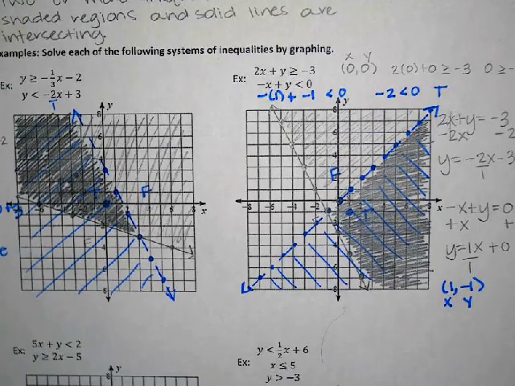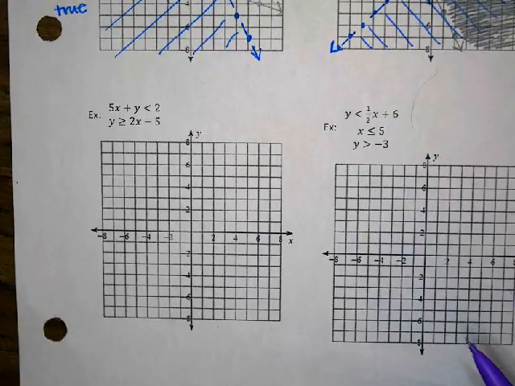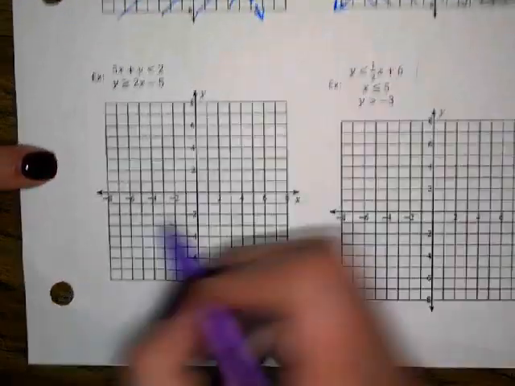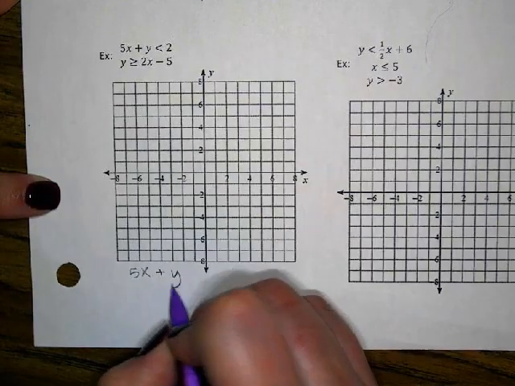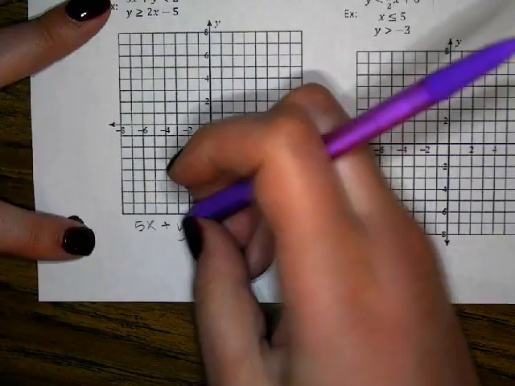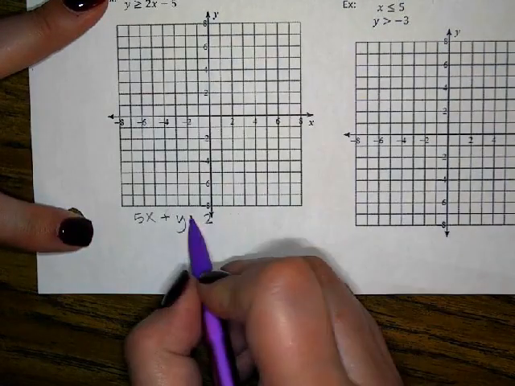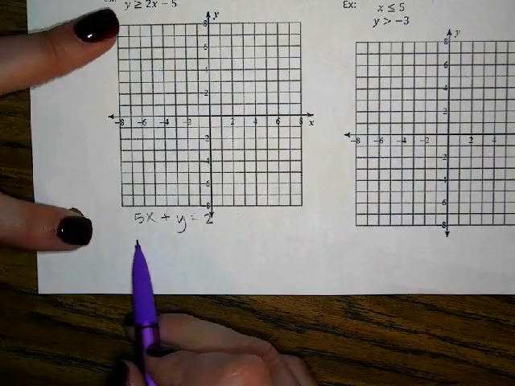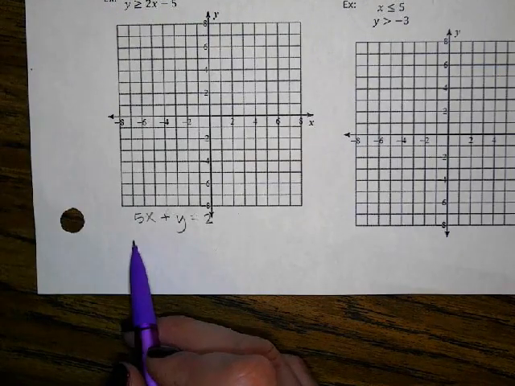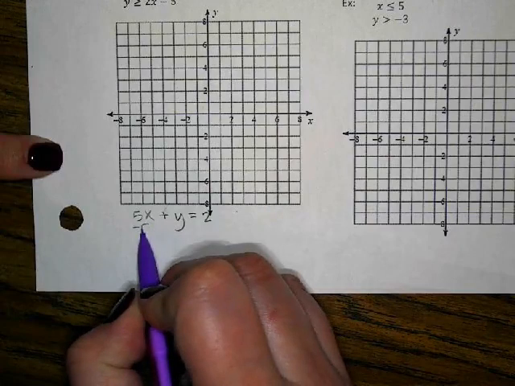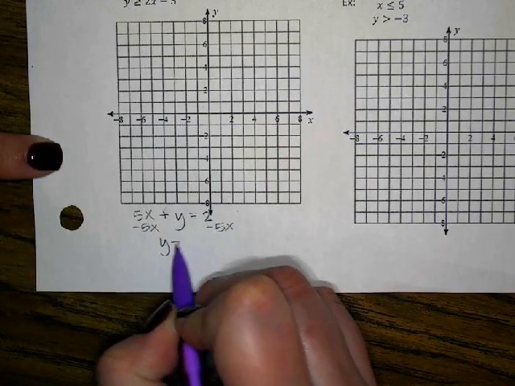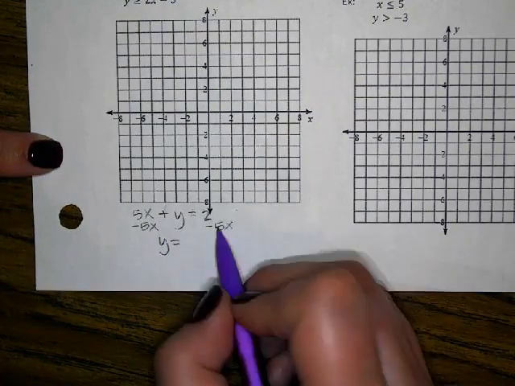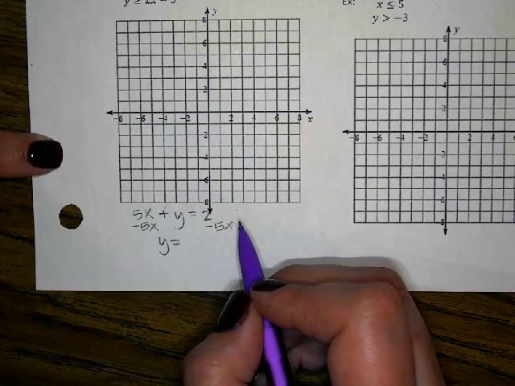All right, so 5x plus y is less than 2. So first I'm going to take my equation. I want to be able to graph it. So what should I do so that I can graph it? Subtract the 5x. I need to move the x over to the other side. And then the y is all alone. And then which of these should I write first? Negative 5x plus 2.